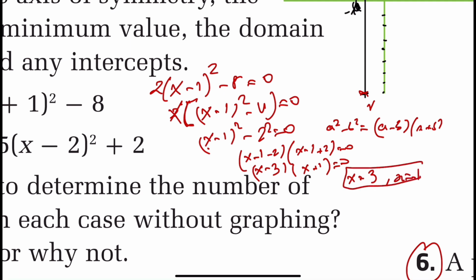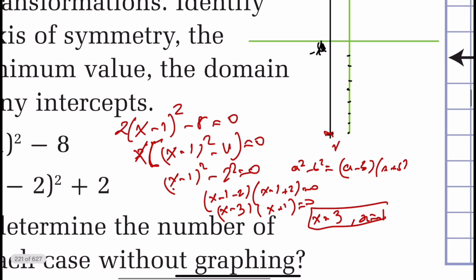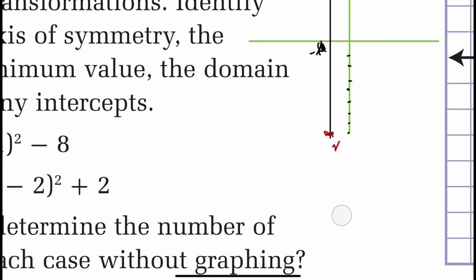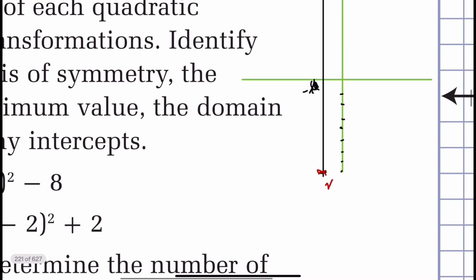This is the x-intercept. So we will go to our graph and draw x is equal to -3, so this is -1, -2, -3, and x is equal to 1.